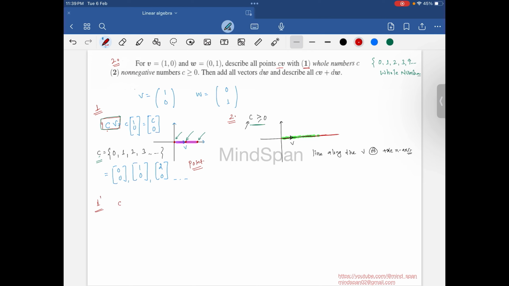Here again c is a whole number, so it can take only integer values, including 0. And also now we have this dw, right? And nothing is said about d, so I am assuming d is a real number.